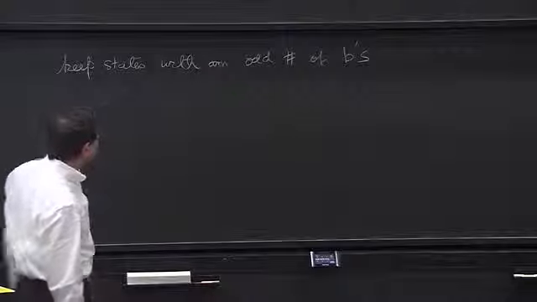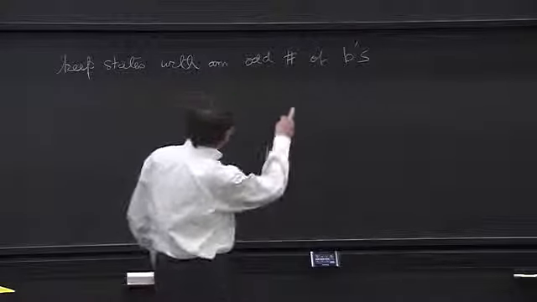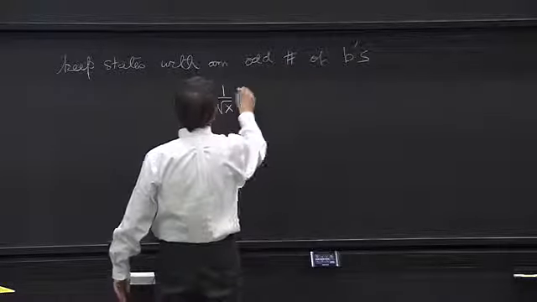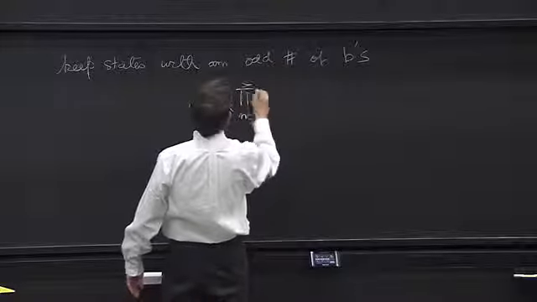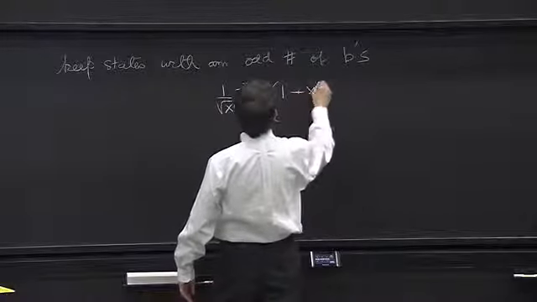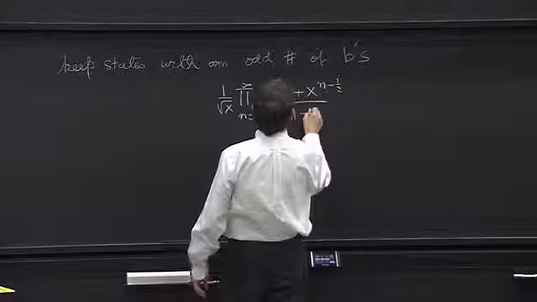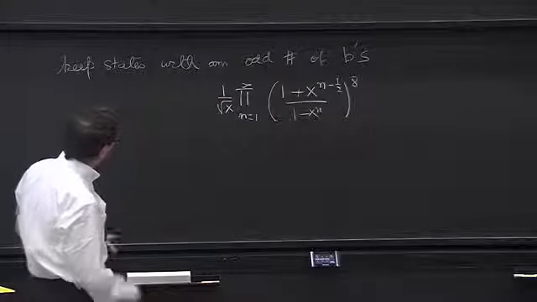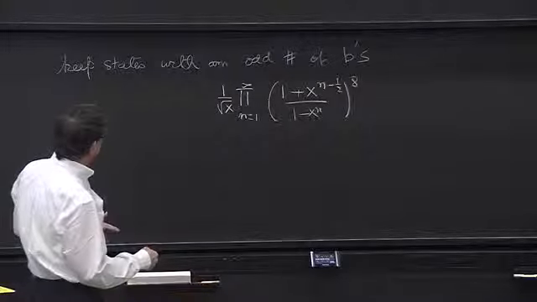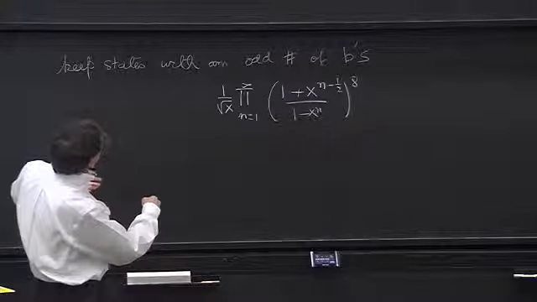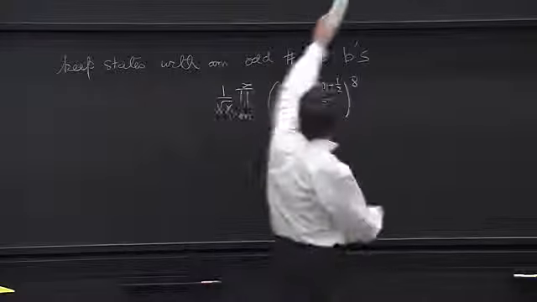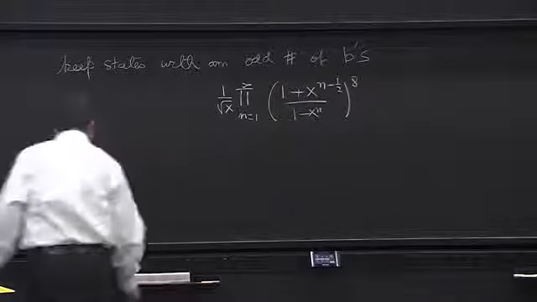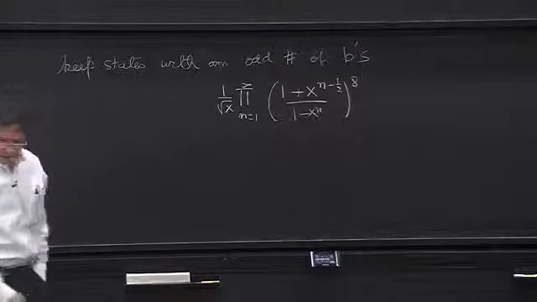So I want to generate this function. So look what I'm going to do. I'm going to take this same function, 1 over square root of x, product n equals 1 to infinity. Let me write it here. Don't copy it yet. I want to make something so that whenever I have an odd number of b's, I can subtract those states. I want to take away these terms from the generating function that have those square roots there. So what I'm going to do is the following.